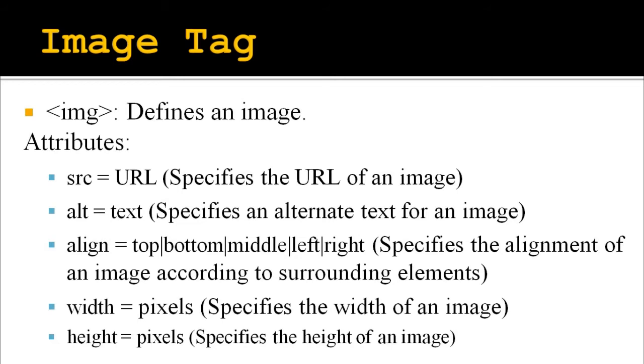Left and right specify the position of our image, whereas top, bottom, middle specify the surrounding text position. By default it is bottom, which means where our image ends, from there onwards our text starts displaying.